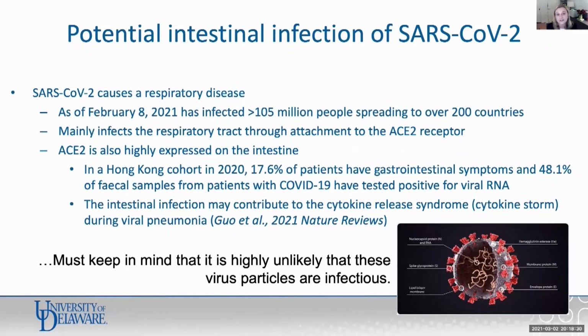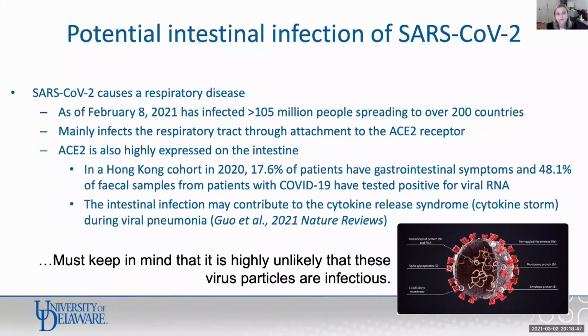And there also is a chance that the intestinal infection can contribute, at least in some patients, to what's known as that cytokine storm, that release of cytokines that may also be involved with viral pneumonia and some of the other severe symptoms that occur.